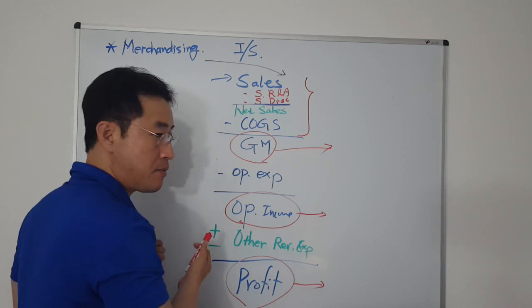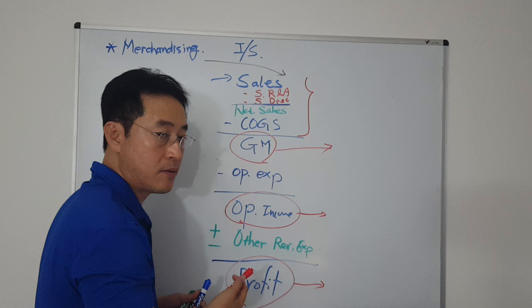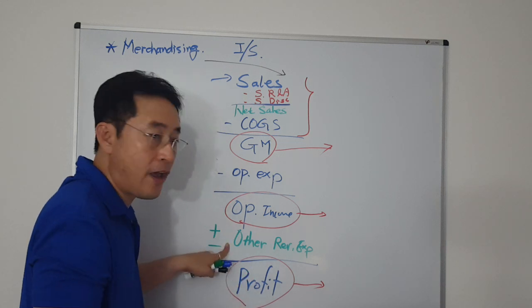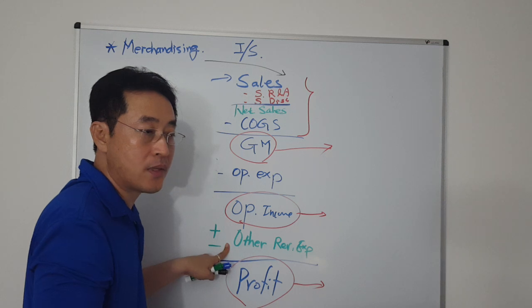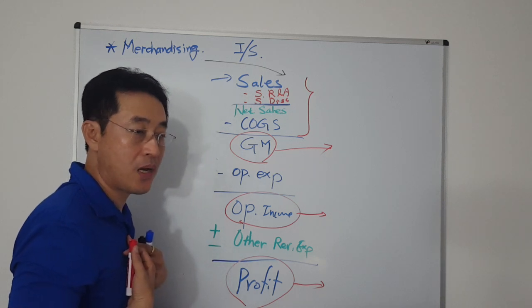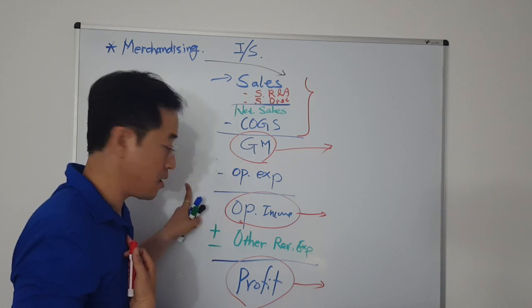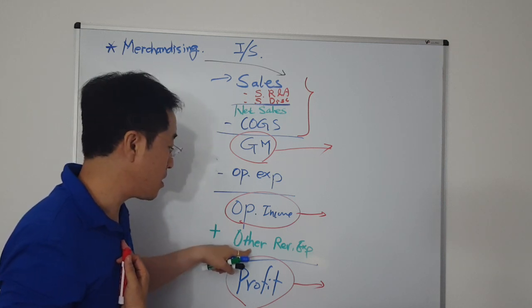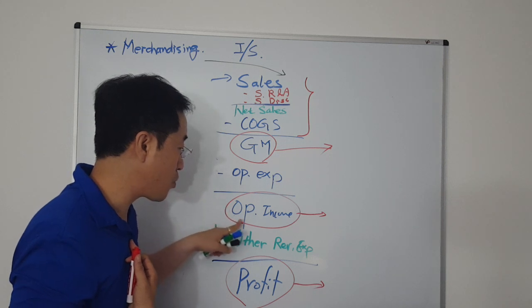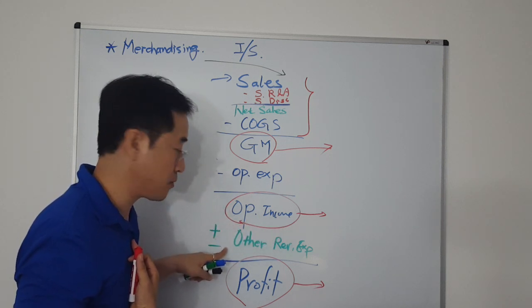So I gave some rent for the space. So I have additional rent revenue. That's not the revenue from my business, major business, right? This case, we have to record this after operating income section.